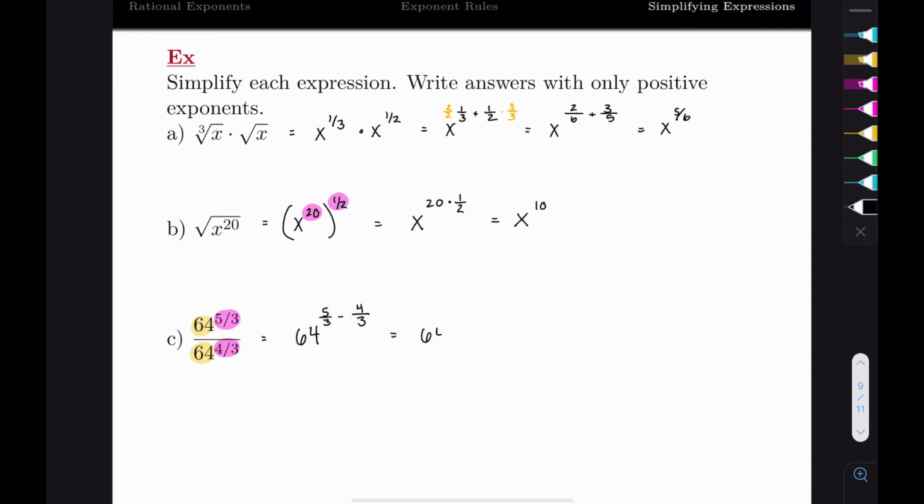And luckily there, we can just subtract those. You're left with 1/3. Okay, but that's something we can actually simplify. So this is saying take the cube root of 64, and you're going to get so used to these that you're going to know that that is indeed equal to 4. So this gross looking expression just simplifies to something very nice.